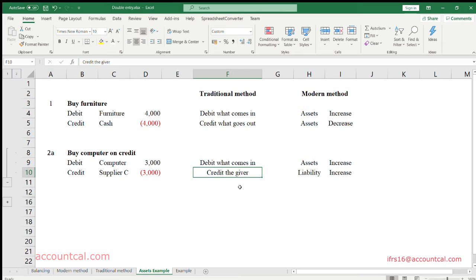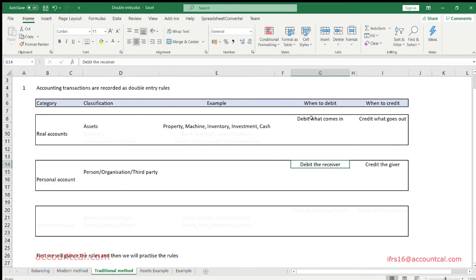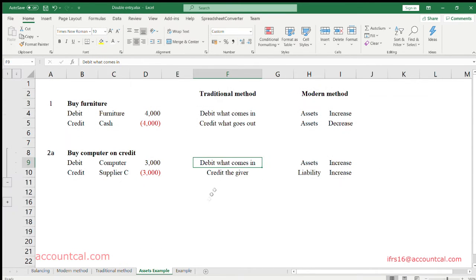So what will you debit? The amount is 3,000. You have bought the computer on credit at 3,000. Computer is an asset, so you will debit computer. The rule is the same: debit what comes in. If you see the traditional method, debit what comes in. So we debited what comes in.